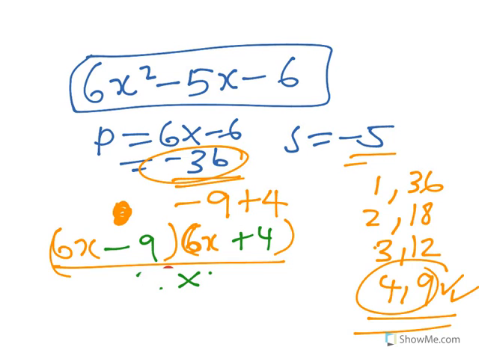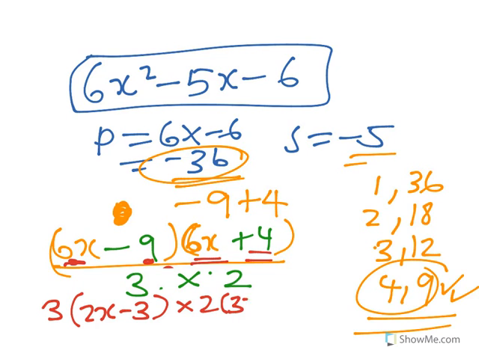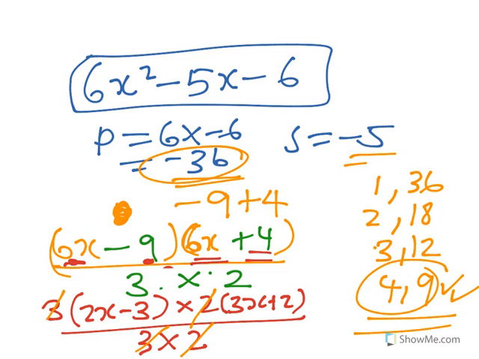Actually, I'm going to go 3 times 2, because I can see in this one there's a common factor of 3, and in this one there's one of 2. I'm going to take the 3 out, and in this one I'm going to take the 2 out, and I'm going to put that all over 3 times 2, and then the 2's will cancel, the 3's will cancel, and now I've got my factors, 2x minus 3, 3x plus 2.